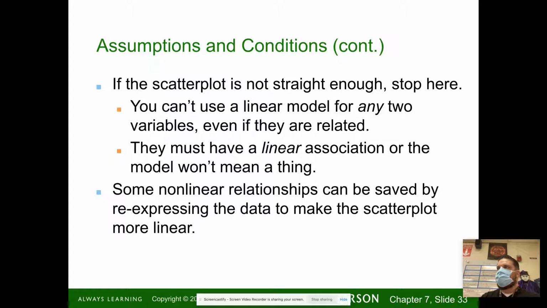So basically, when you look at the graph, if it doesn't look close to a straight line, you can crank through and do all the math and get an equation, but the R-square value would be so weird or low that the prediction is not predictable. It's not a reliable prediction. Some nonlinear relationships can be saved by re-expressing the data of the scatter plot to make it look more linear. So sometimes they'll take the data and run it through a log, and that can straighten the data out a little bit.